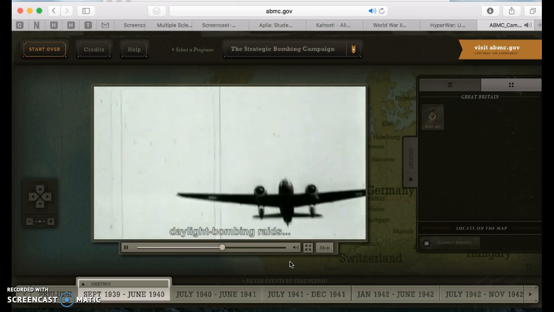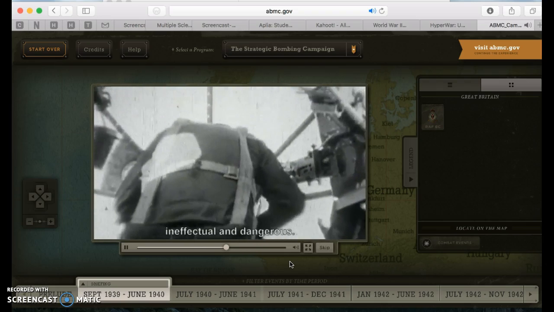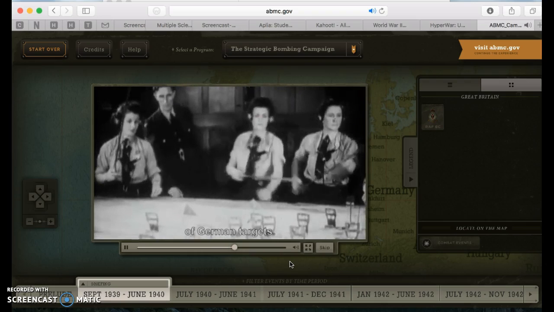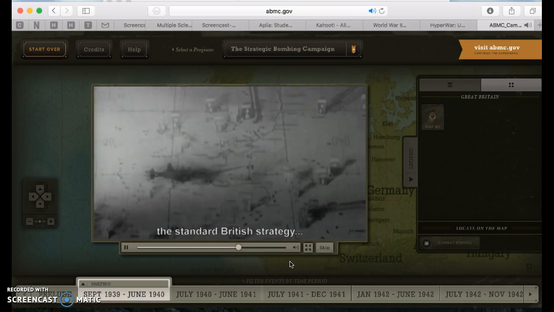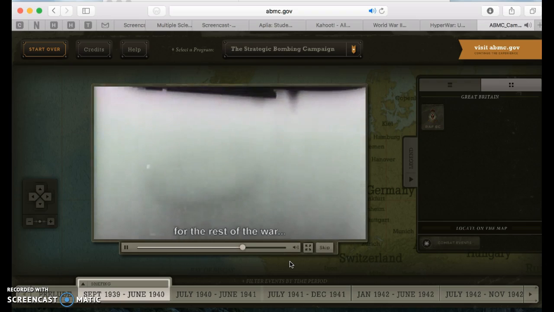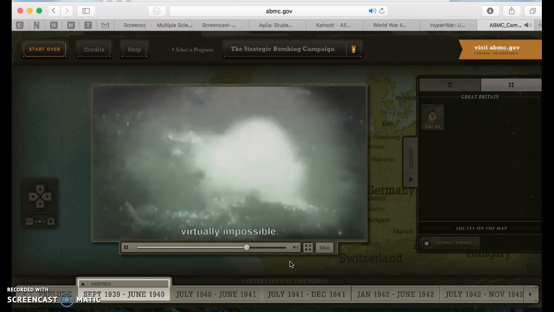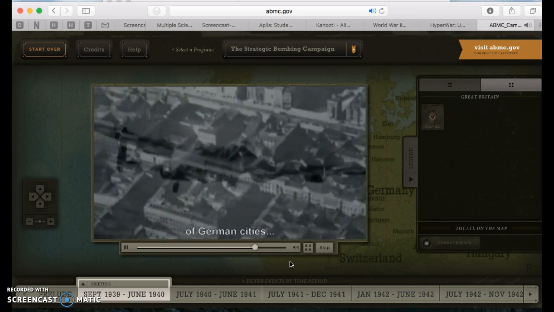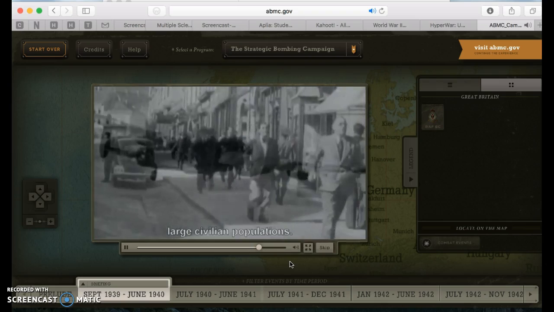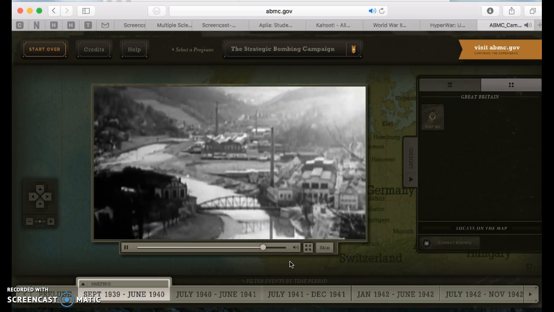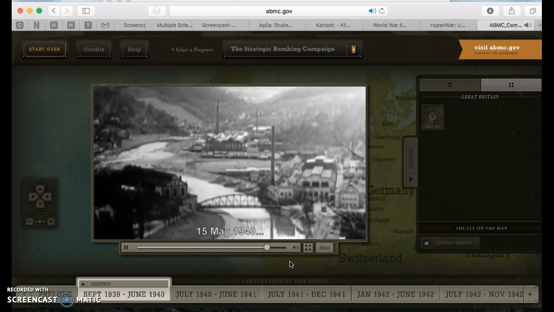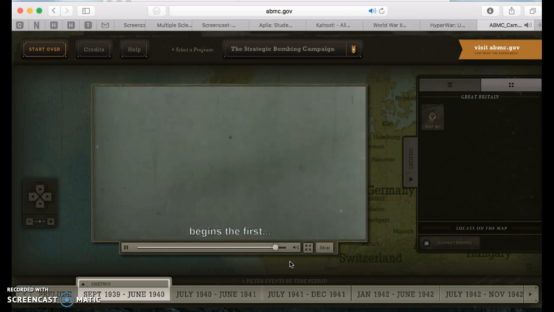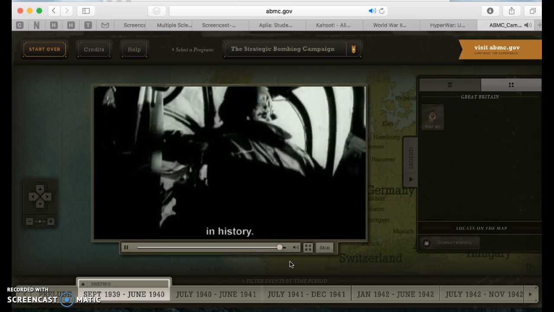However, daylight bombing raids by the RAF were found to be ineffectual and dangerous. Bomber Command decides to switch to night bombing of German targets. While night bombing becomes the standard British strategy for the rest of the war, the result is that precision bombing becomes virtually impossible. The targets now become the built-up industrial areas of German cities and their surrounding large civilian populations. 15 May 1940, the RAF raid on the marshalling yards and oil plants of the Ruhr begins the first large-scale strategic bombing war in history.